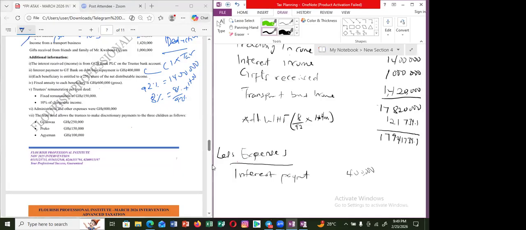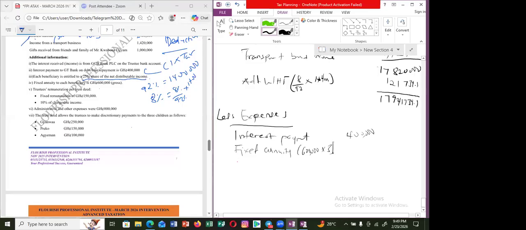Each beneficiary is entitled to 25% share of the net distributable income. We'll come back to it. Fixed annuity to each beneficiary is 600,000 Ghana cedis. I remember they said it is to each beneficiary. How many beneficiaries do you have? 3. Okay, so times 3, basically 1.8 million.